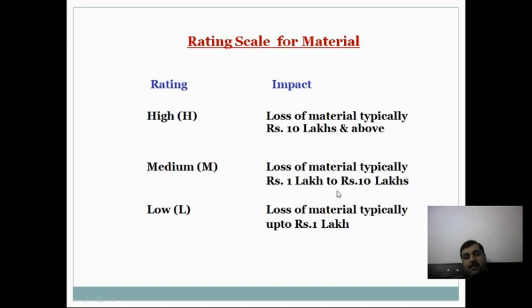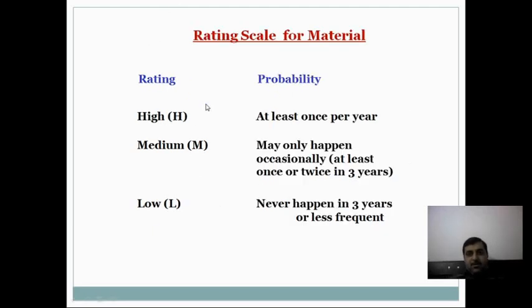If you have a material loss between 1 to 2 lakh, it's medium, and if it's less than a lakh, it's low, because the raw material cost is a huge factor. That's why these numbers. And then we have a rating for the material probability. At least once per year, we call it high. Maybe happening occasionally in 3 years is medium, and happens less than once in 3 years, then we call it low.